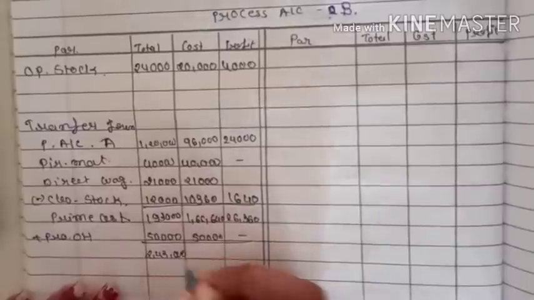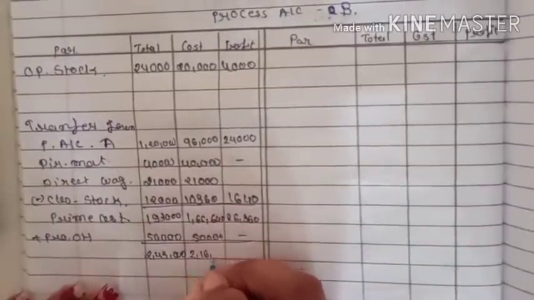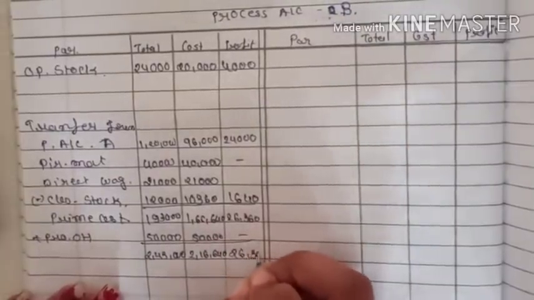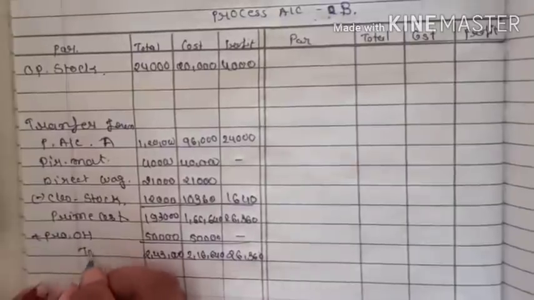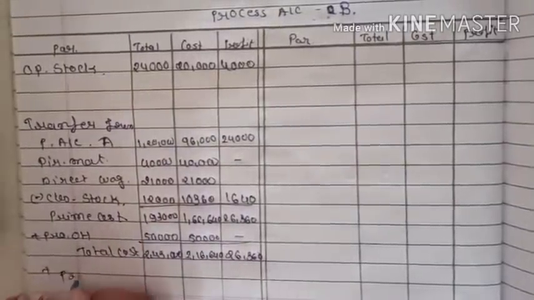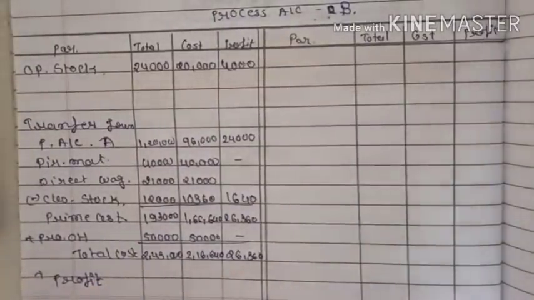Total 2,43,000, then 2,16,640 and 26,360. Total cost plus profit. Profit percentage is given as 25%, 25% on transfer price, right?